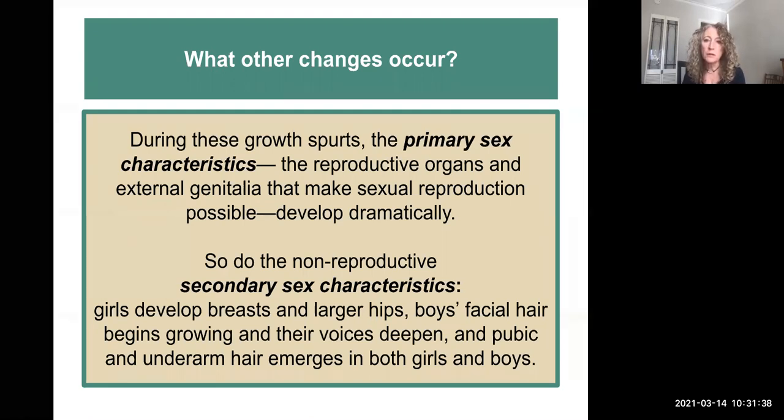The primary sex characteristics are the reproductive organs and external genitalia that make sexual reproduction possible, and they develop dramatically. Then the non-reproductive secondary sex characteristics: girls develop breasts and larger hips, boys' facial hair begins growing and their voices deepen, and pubic and underarm hair emerges in both boys and girls. Those are the secondary sex characteristics.